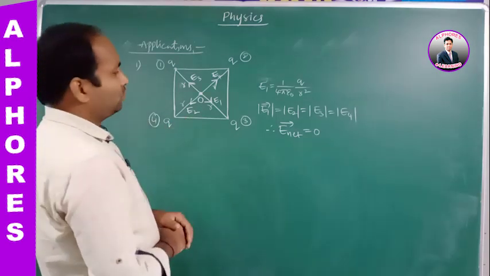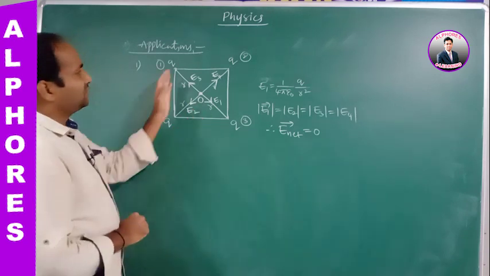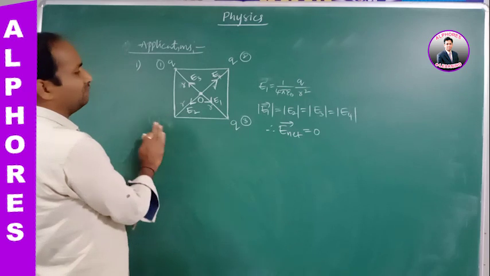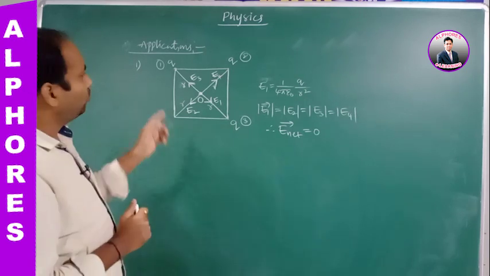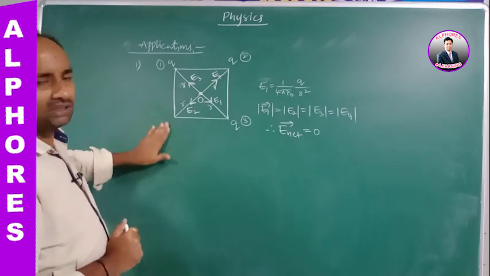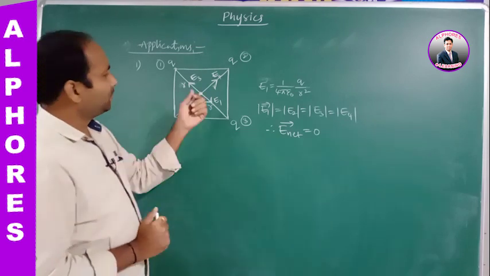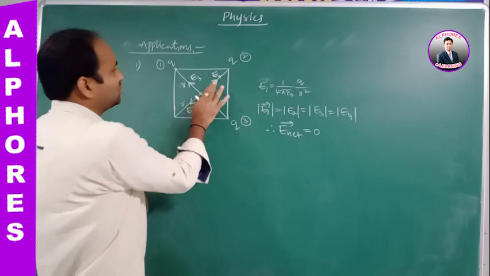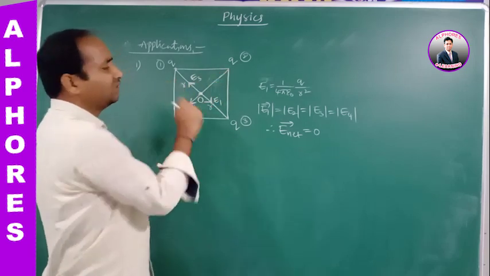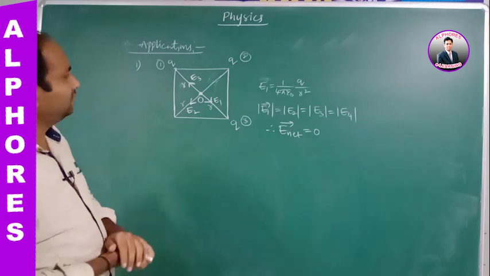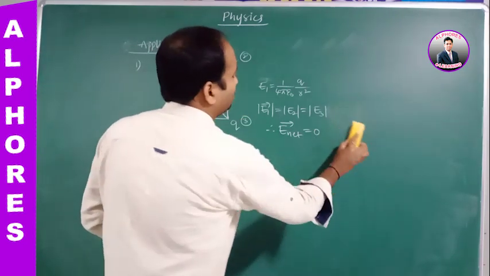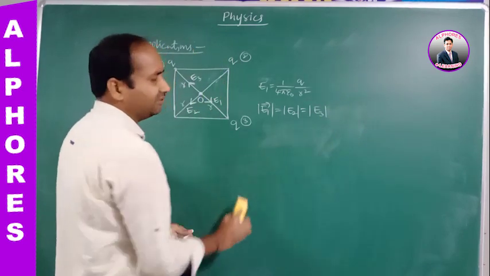See, for suppose instead of these four charges, if one charge is missing and the fourth corner is empty. Okay, only three charges are kept at the three corners, the fourth corner is empty. What happens in such conditions? See here, there is no charge at the fourth corner. The magnitude of E1 is equal to the magnitude of E2, equal to the magnitude of E3.